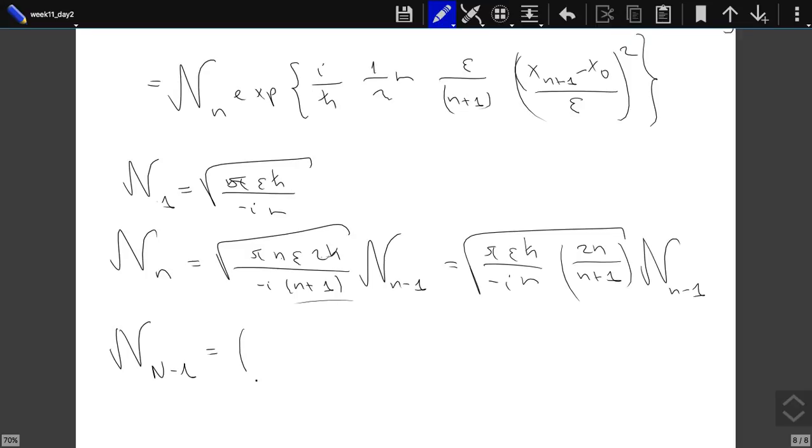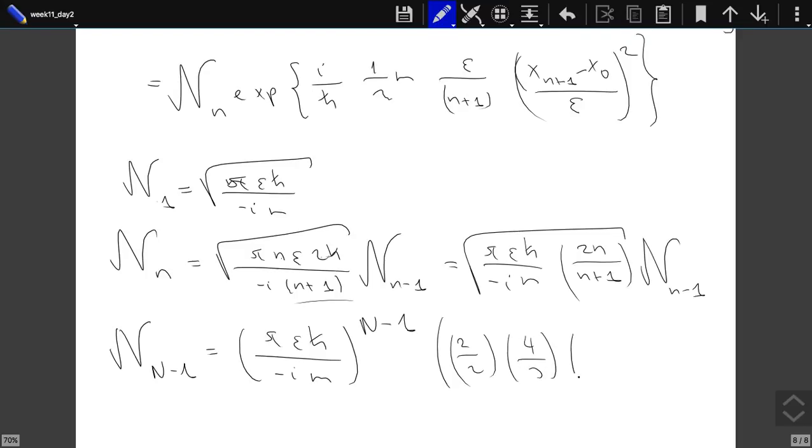So I would end up having pi epsilon h bar over minus i m to the power n minus 1, times 2 over 2, 4 over 3, 6 over 4, twice n minus 1 over 2n.